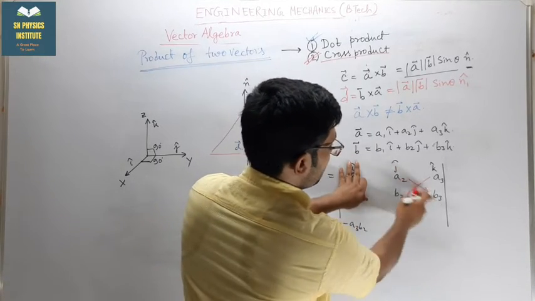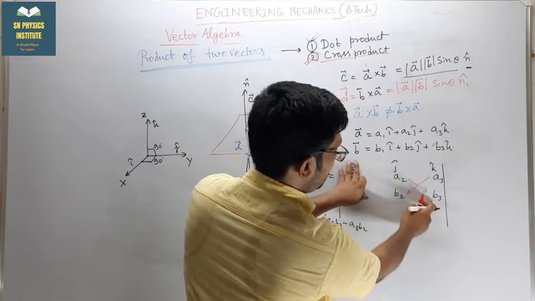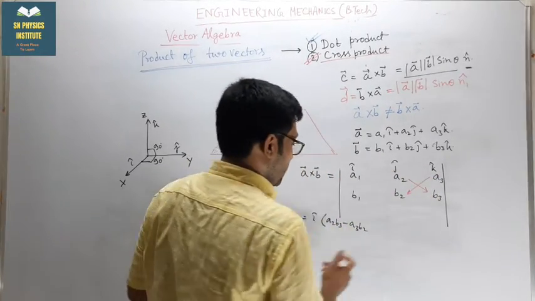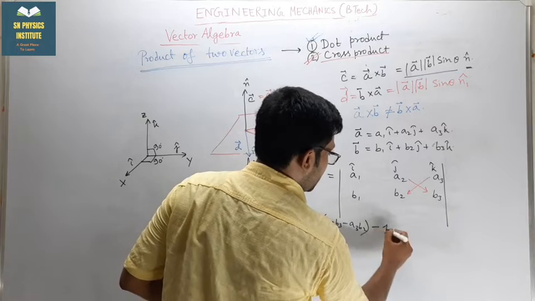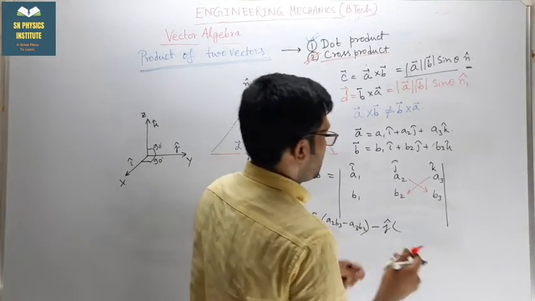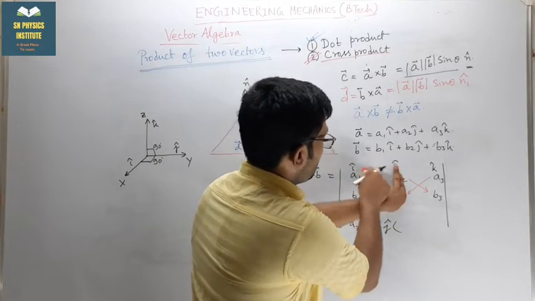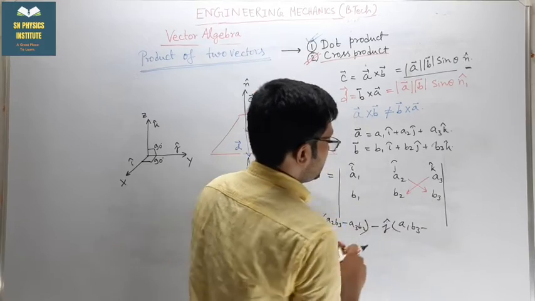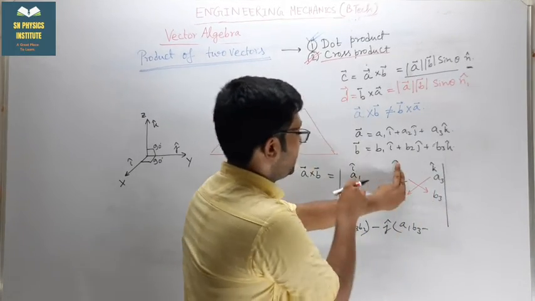It looks like the determinant form. So A2 B3 cross multiplication, A2 B3 minus A3 B2. In the same way, minus j cap means the same thing: A1 B3 minus A3 B1.